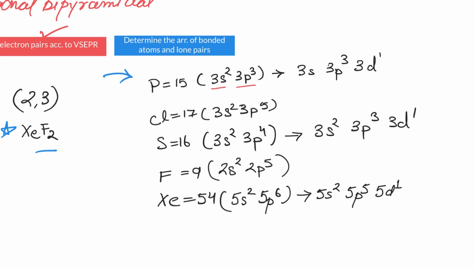So s is completely filled, and P can take 3 electrons in its 3 orbitals, right? One is already filled. So how does it take 5? That happens because, remember, the number of orbitals can be the same as this quantum number, right? So actually they do have 3d.